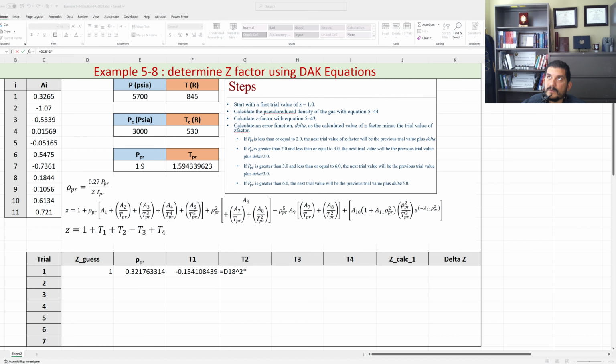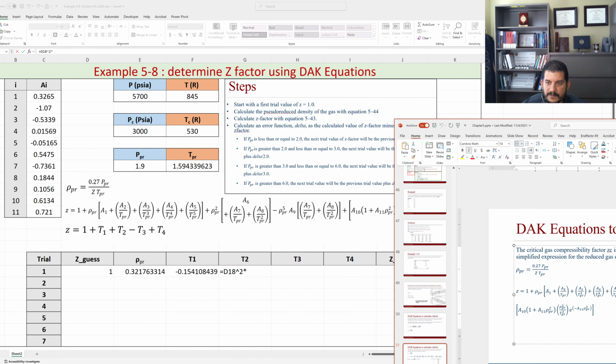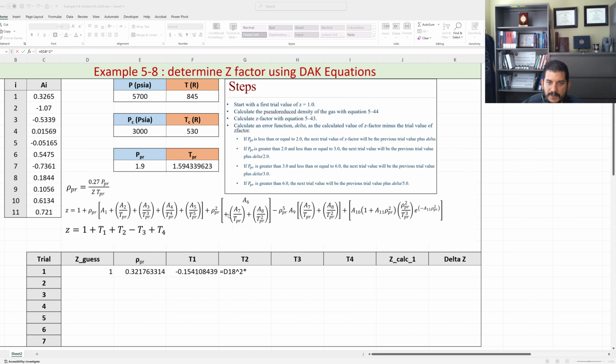It's here. So it's A6. My equation is missing A6, right? A6 plus A7. Okay, good. So I'll come here and add the A6.